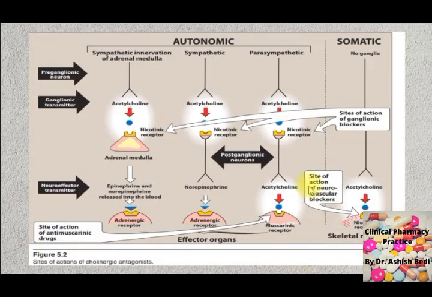Now, this is the brief concept I can make you understand and simplify. If you are talking about the parasympathetic nervous system, what I told you in the previous slide is that we have to keep three things in mind. First, what is the major neurotransmitter that is responsible?